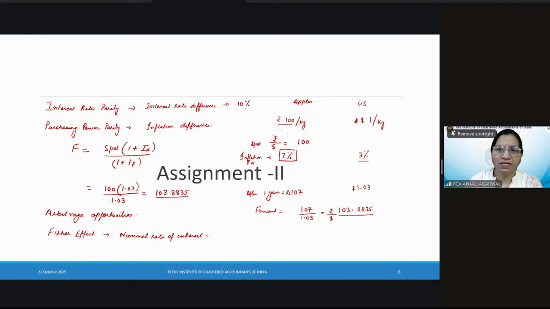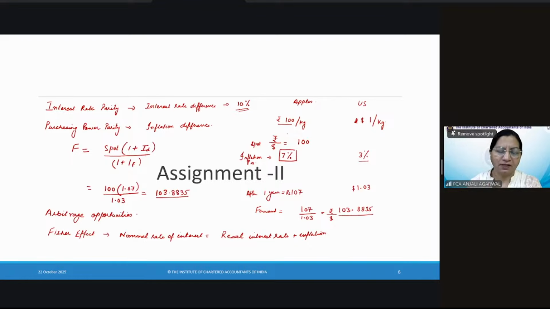So we can roughly say that this 10% is the nominal rate of interest, which will capture the real interest rate plus the inflation. So in US, the nominal rate of interest could be 3% real plus 3% inflation. So the nominal rate of interest prevailing in US could be 6%.